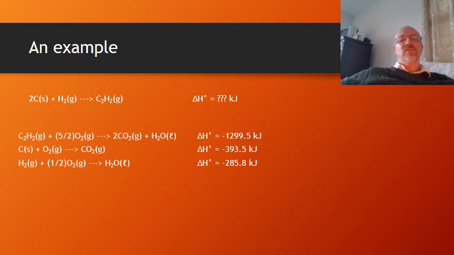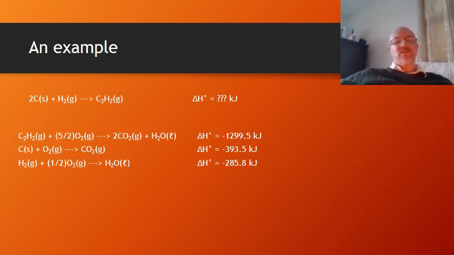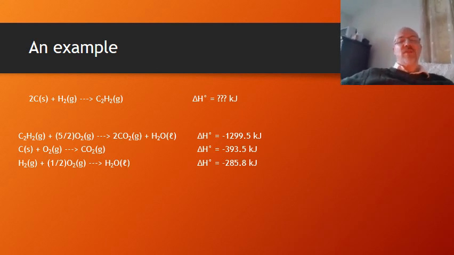Well, look at that, I have three other reactions here. The combustion of ethine, which of course would be exothermic. The formation of carbon dioxide, so basically the burning of coal or pure carbon, also exothermic. And the formation of water from hydrogen gas and oxygen gas.